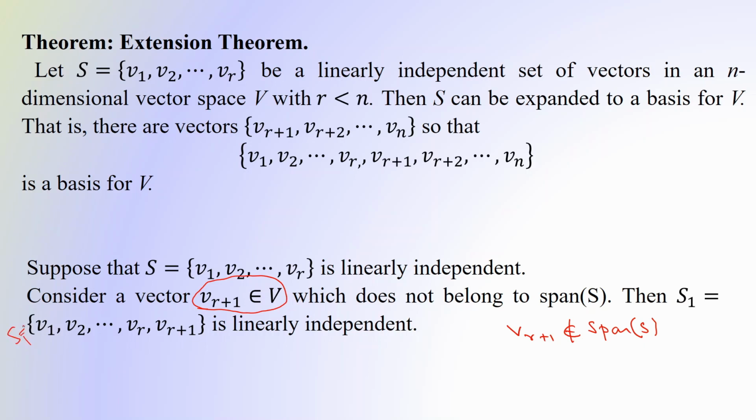Now what we have, S1, together with V1, V2, ..., Vr and Vr+1, which does not belong to the span of S, is linearly independent.